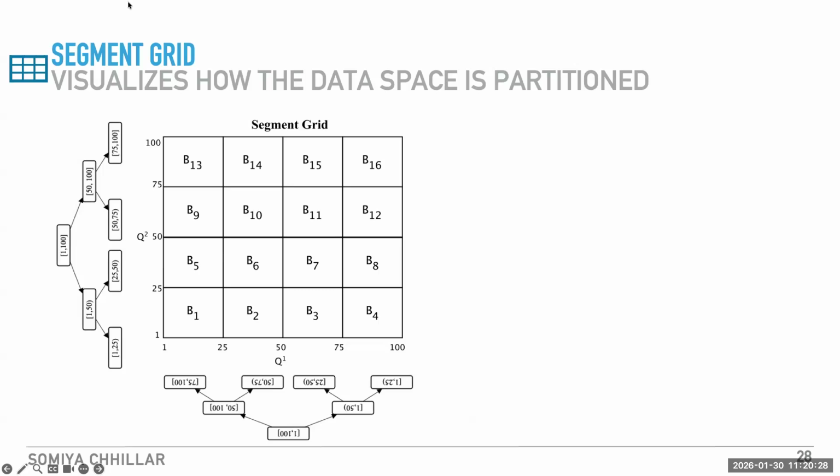Right. So before I move on to the next part, which is segment grid, I just want you to think about this: because it's forming these anonymous equivalence classes according to this greedy algorithm, there is a structured way in which it goes about this anonymization.